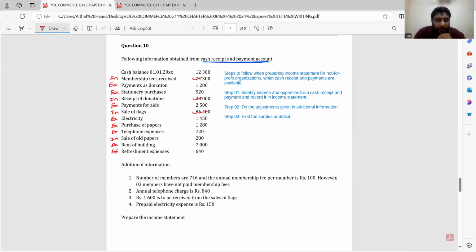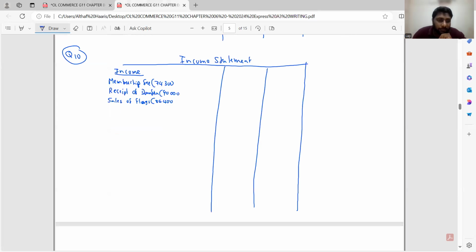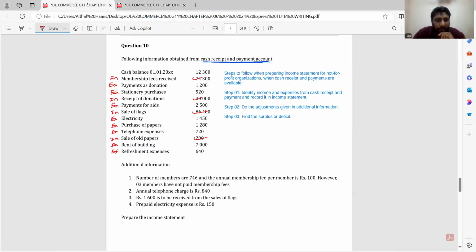Sales of old papers, 200. So we are done with income, people.